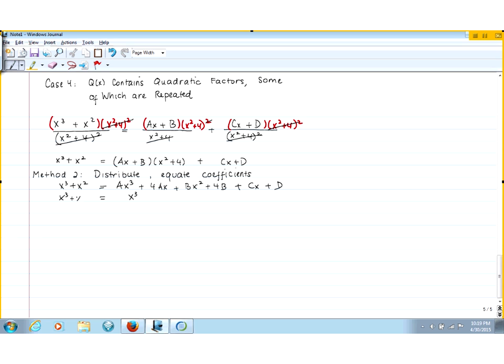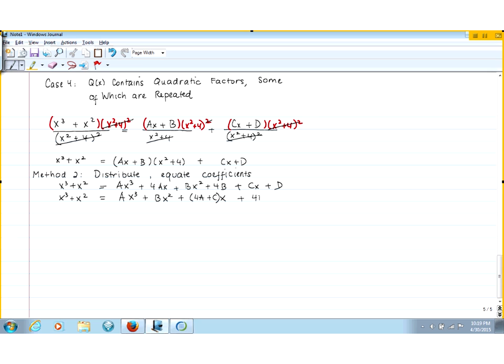Now we're going to collect like terms. So x cubed, which one's my x cubed? My x cubed is just my a. My x squared is just my b. And then x, which ones are x? So this is 4a plus c.